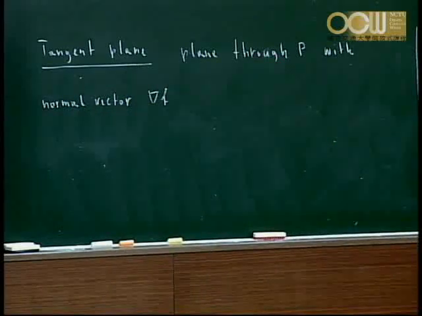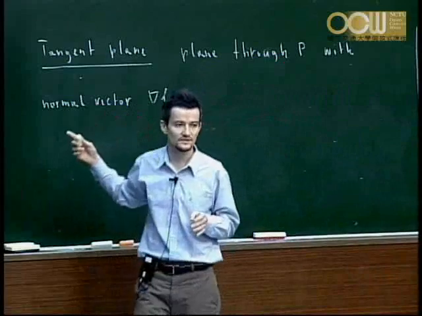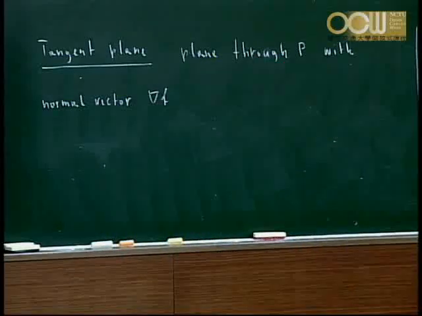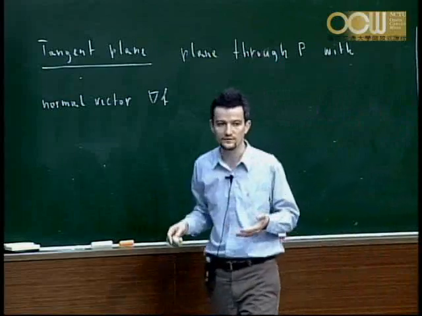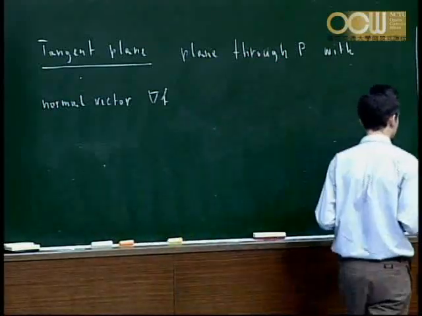Now, maybe once more you might wonder why we define this. This is a definition of the tangent plane, but we have defined the tangent plane already previously. Previously we looked at the special situation, namely the function of two variables. Now this is the definition of a tangent plane to a level surface.